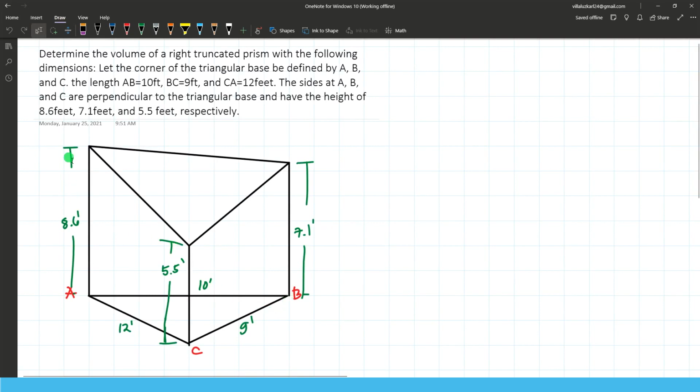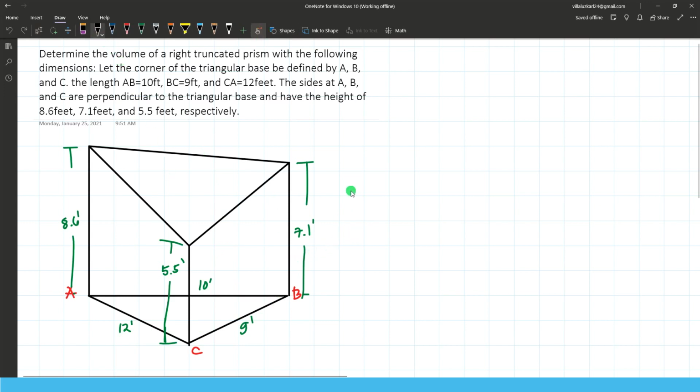So these are the lengths of the sides perpendicular to the vertices of the base A, B, C. Given here, the lengths of the sides of the base are 10 feet, 12 feet, and 9 feet. So this is a truncated prism.